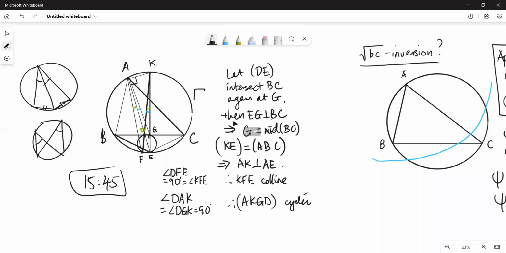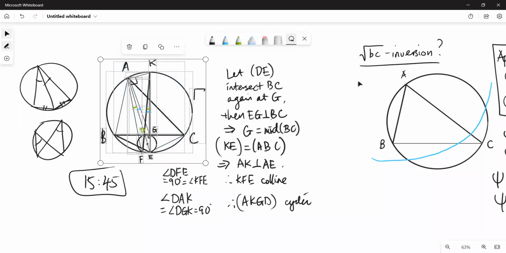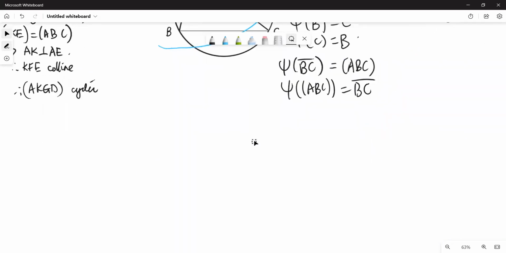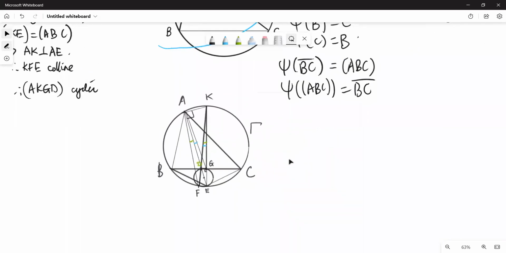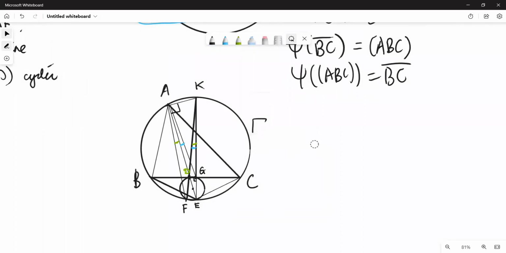Maybe I should redraw the diagram. Or I'll just copy and paste. So we don't want K anymore. We probably don't want G anymore as well.